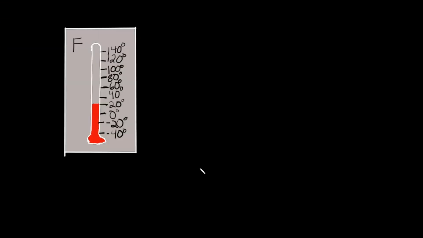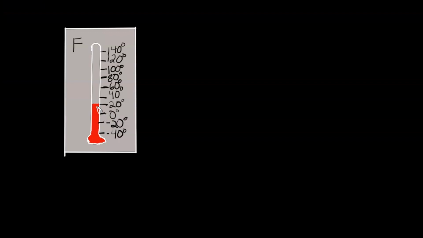To help you conceptualize negative numbers, here I've attempted to draw a thermometer in Fahrenheit. You may actually be familiar with negative numbers because of thermometers if you live in a colder place. All negative numbers are just meaning the opposite direction from the positive counterpart. So here we have 0 degrees.